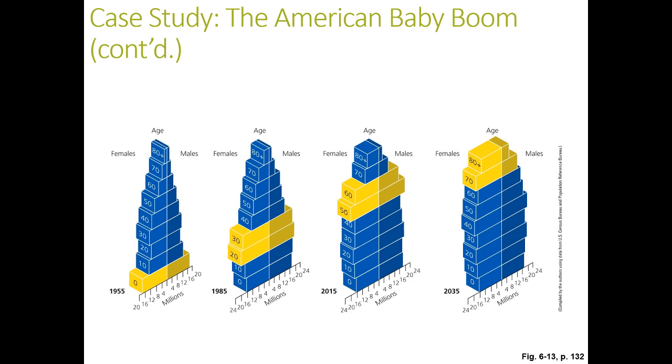The baby boomers are now in 2015, and this is obviously closer to us than 2035 or 1985. They are starting to enter the senior citizen age. These are people that are starting to retire, 50 and 60 years old, 70 years old. The baby boomers are now at a point where they are starting to enter the end of their age structure diagram.